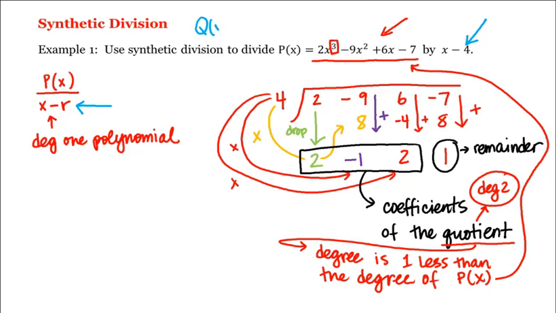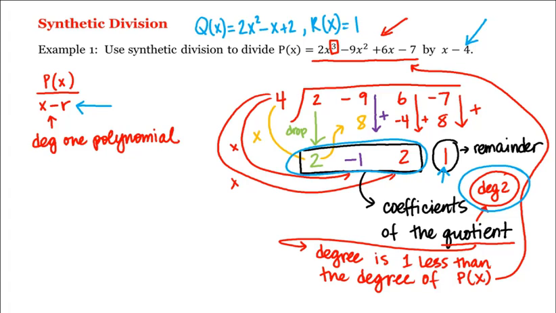Therefore, our quotient, which we'll call q of x, is equal to a degree 2 polynomial with these coefficients. Namely, it's 2x squared minus 1 times x plus 2. And our remainder is equal to 1.